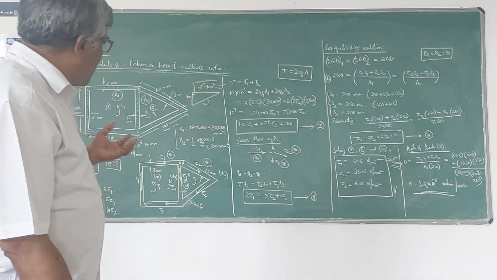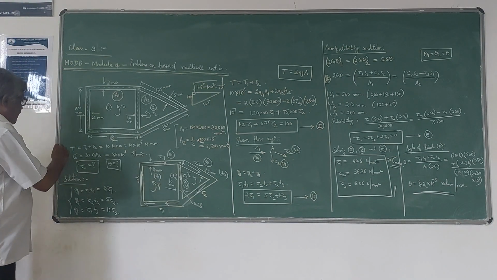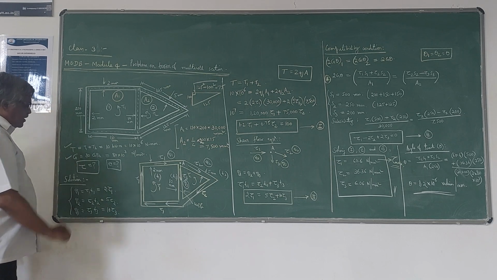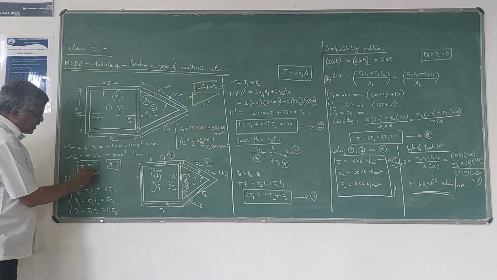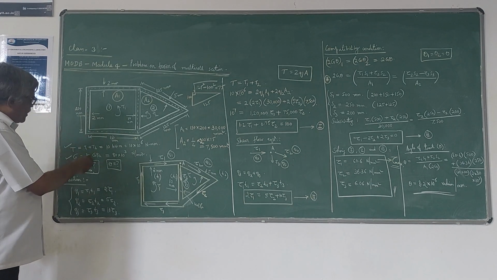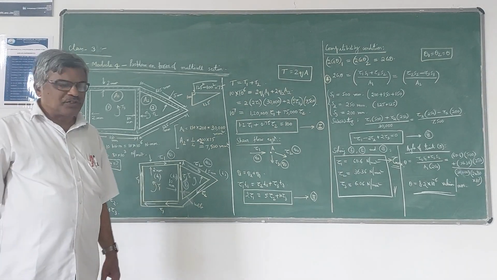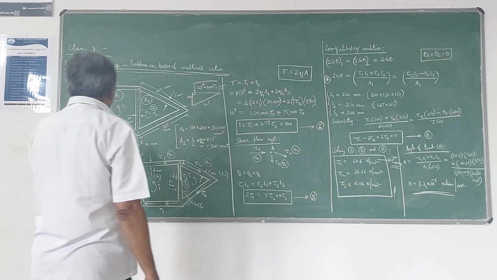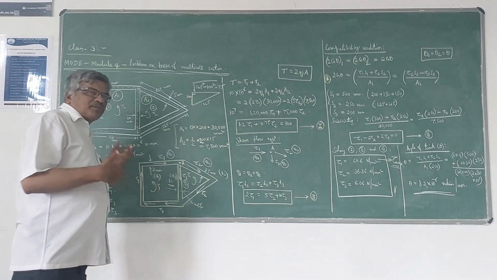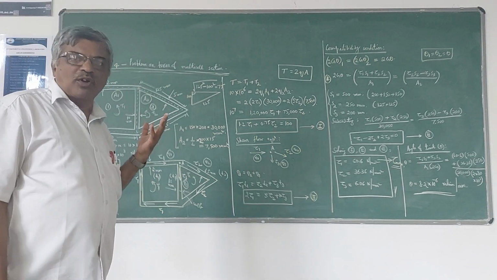So this is another example wherein, given the torque and the rigidity modulus, we calculate the maximum shear stress or the shear stress in all the different segments of the section, and the angle of twist for the entire section, because by the compatibility equation, the angle of twist remains the same for all the cells.